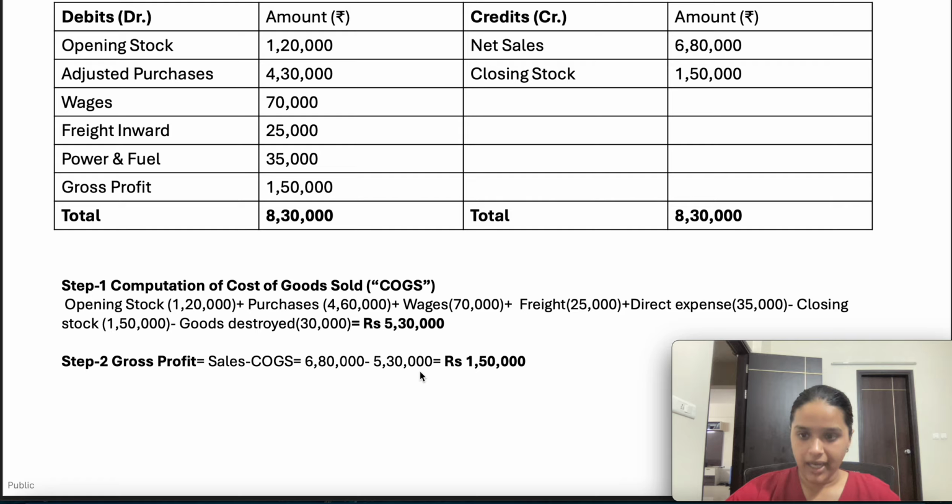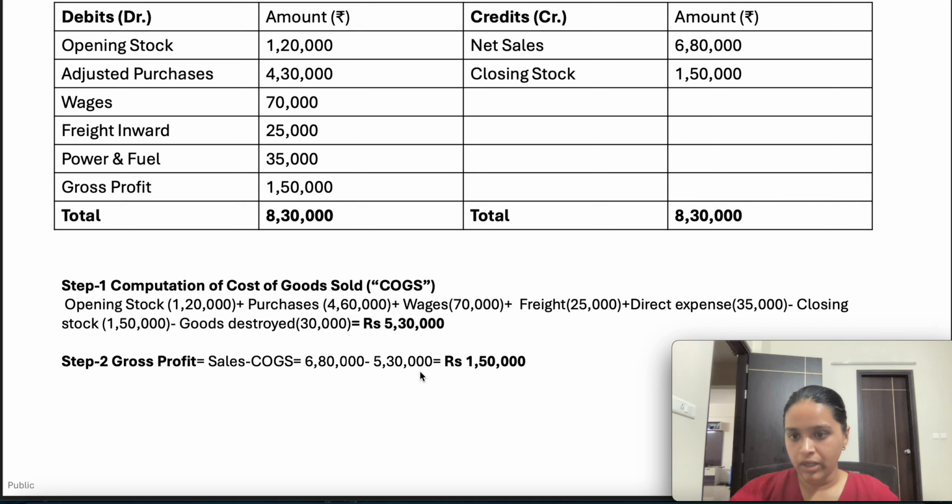So I'm repeating again, in the trading account, whatever direct expenses you have incurred, you have to debit, and whatever purchases and opening stock you have, that also you have to debit, and whatever revenue and closing stock we have, we show on the credit side. And the balancing figure will be our gross profit. Another formula to calculate the gross profit is sale minus COGS.